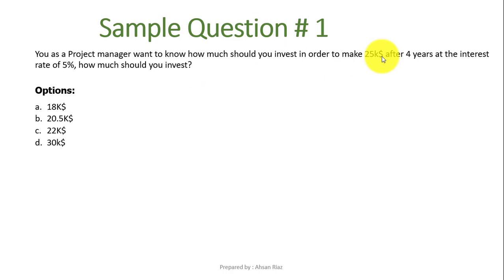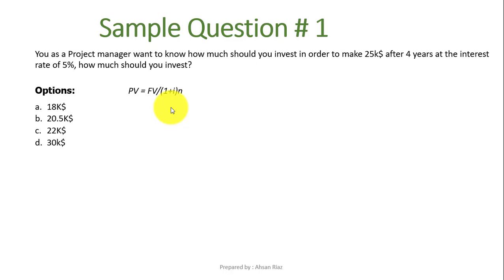So if you want to make $25,000 after 4 years, all we need to do is get the present value of this in this given time period, at this discount rate. So present value, we know the formula is future value divided by 1 plus i raised to power n.